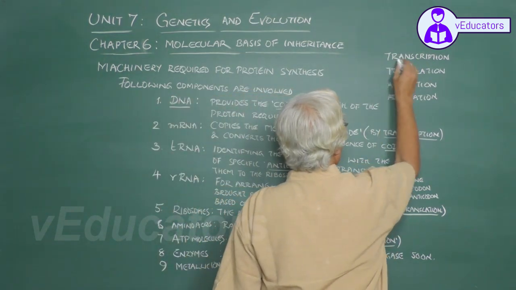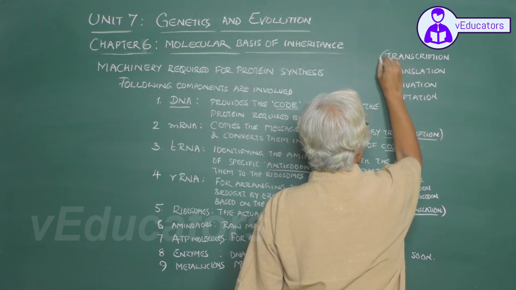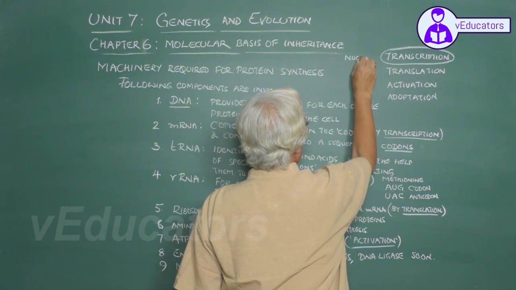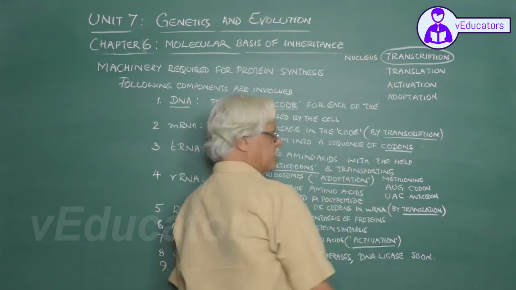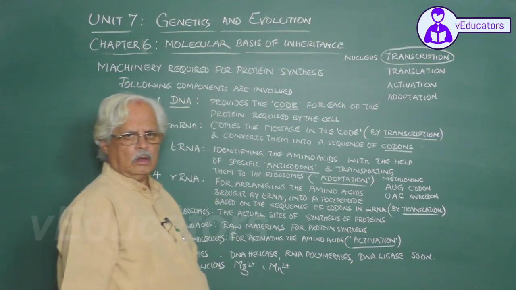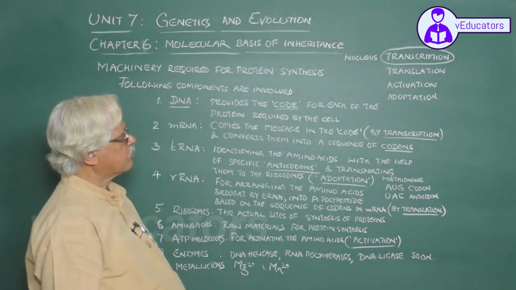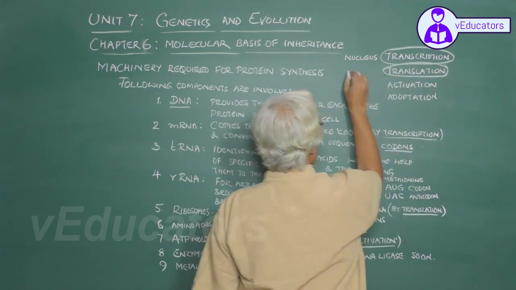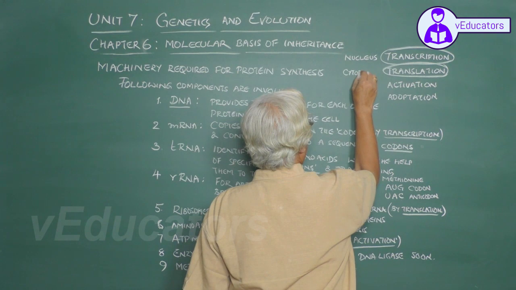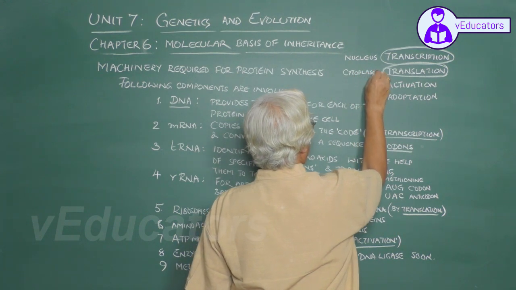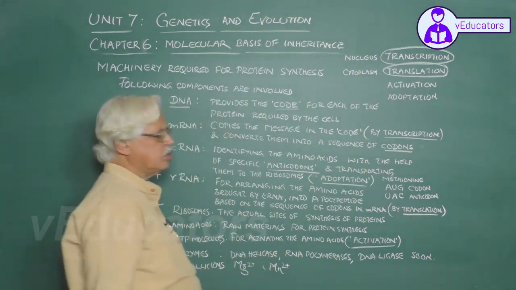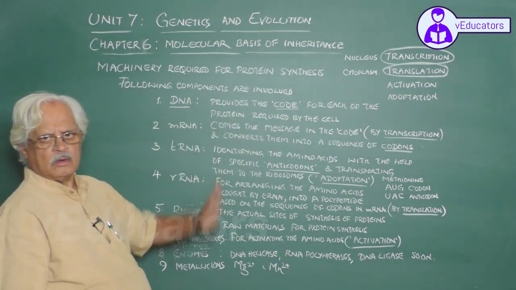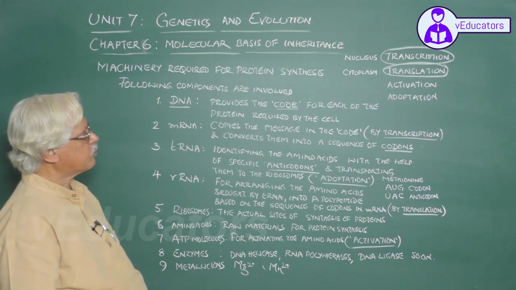Transcription is a step that occurs in the nucleus in eukaryotic cells, and translation is a step that occurs in cytoplasm. But in a prokaryotic cell, it is only in the cytoplasm that both transcription and translation take place.